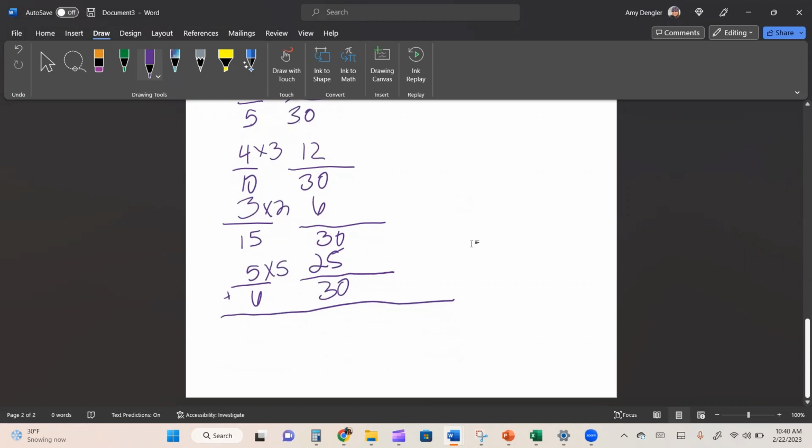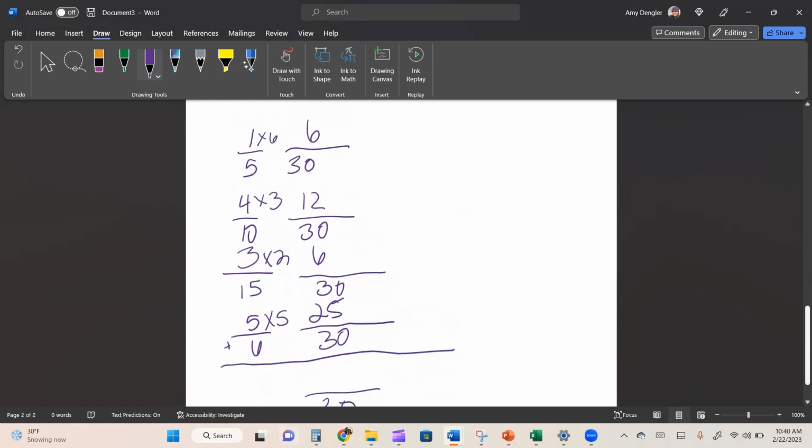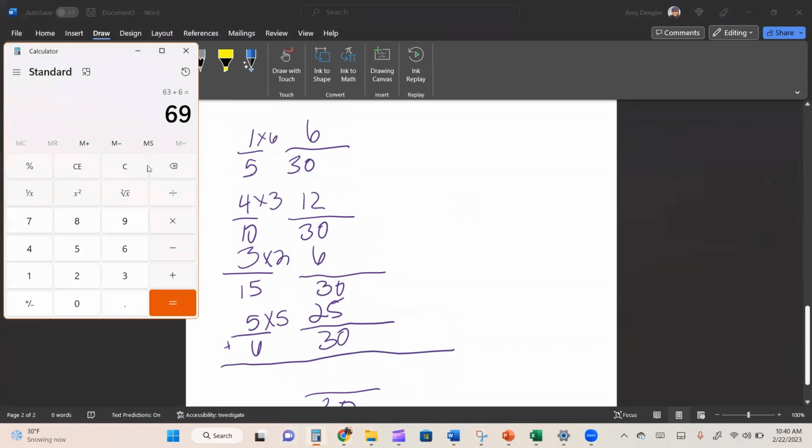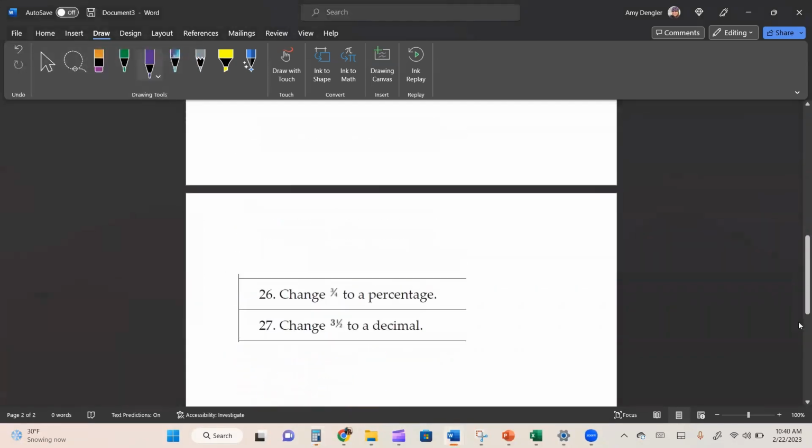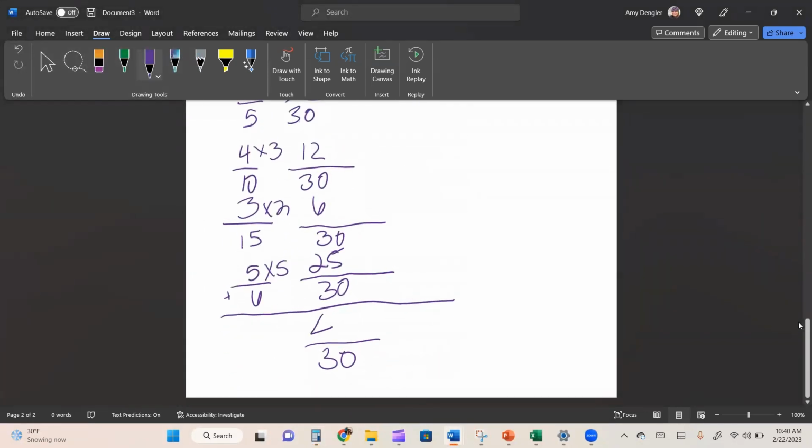So we know that our denominator is going to be 30. So we just need to add up all the other numbers. 6 plus 12 plus 6 plus 25, which is going to give us 49. So we have 49 over 30, which we know we can't leave that way. We need to turn it into a mixed number.